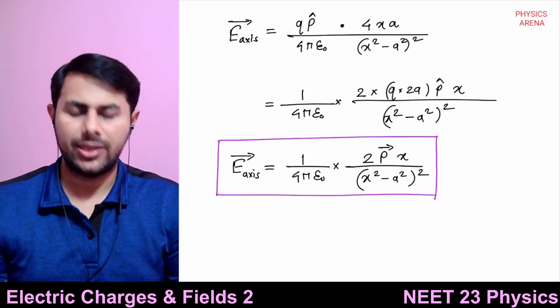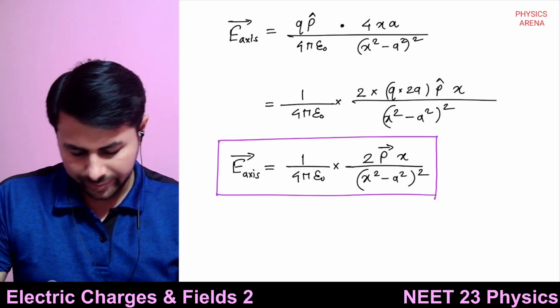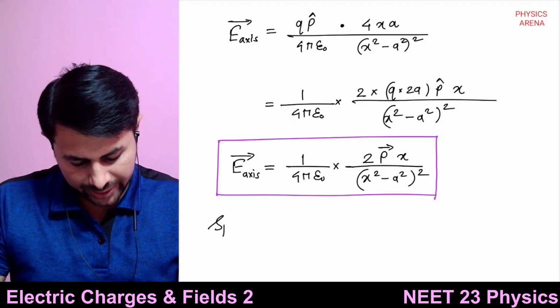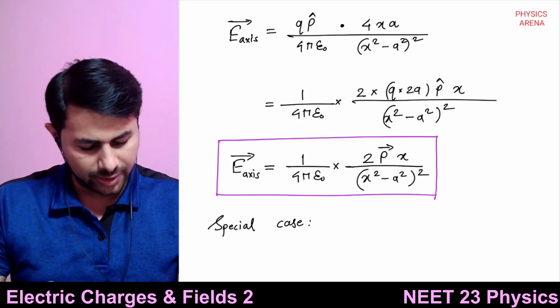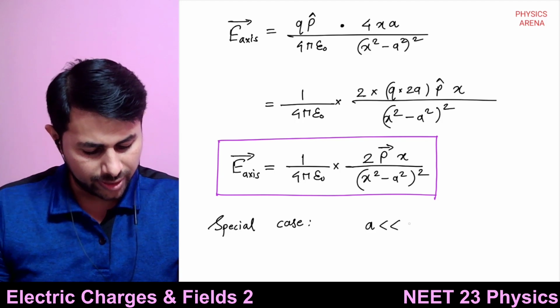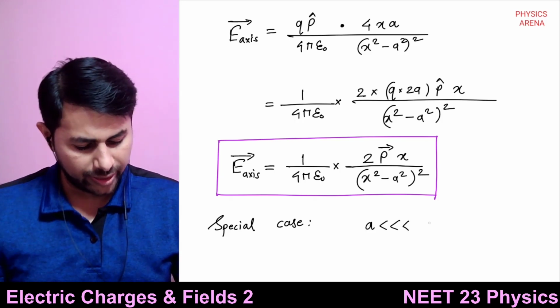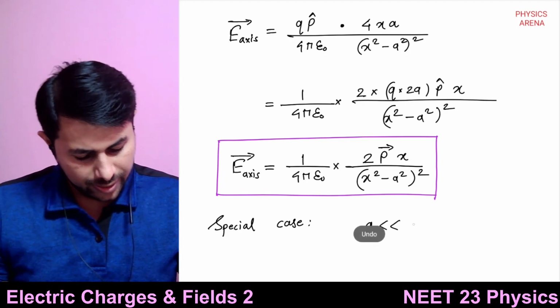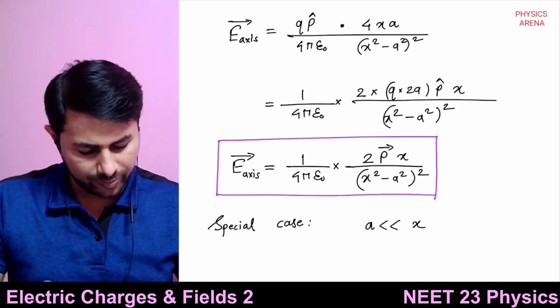Then once again we will consider the same special case, that the length of dipole is very small compared to the distance of that point from the center of dipole or midpoint of dipole.